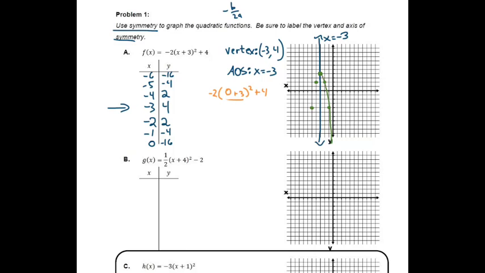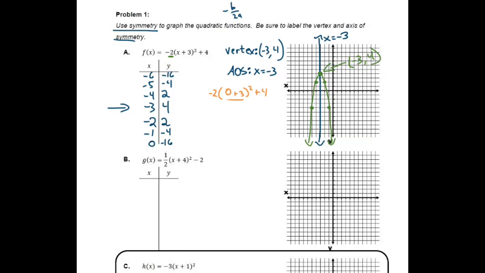Really steep, thin graph. Remember when we said the further a gets away from 0, the skinnier it gets? Well, that's further away from 1, so it gets really, really skinny. And this is your vertex, at -3, 4.